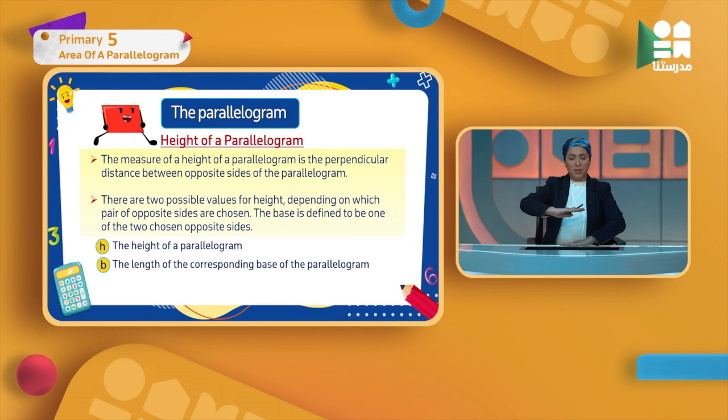If we suppose these are two opposite sides of a parallelogram, and this is the height, then this is one of the sides, this is the other side, and this is the height. It is the distance of the perpendicular from one side to the opposite one. So this is called the height.